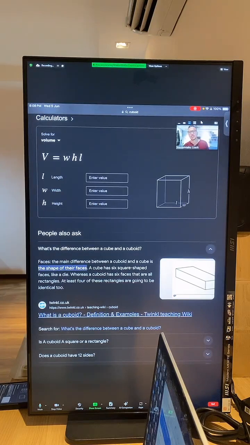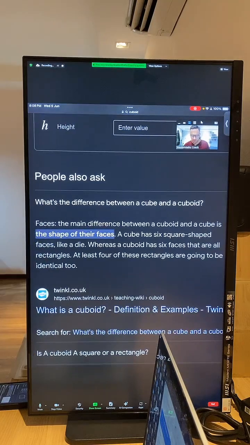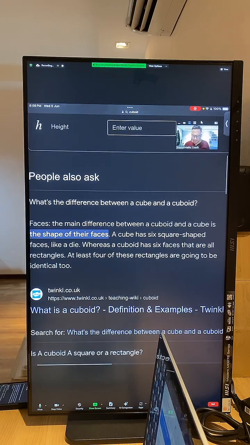A cuboid doesn't necessarily have to have a square cross section. The main difference between a cuboid and a cube is the shape of their faces. A cube has 6 square-shaped faces like a die, whereas a cuboid has 6 faces that are all rectangles. At least 4 of these rectangles are going to be identical too.